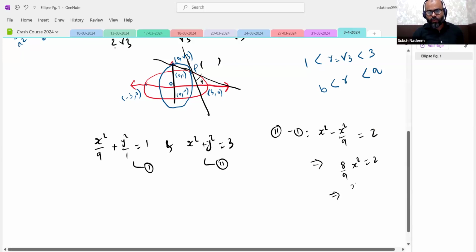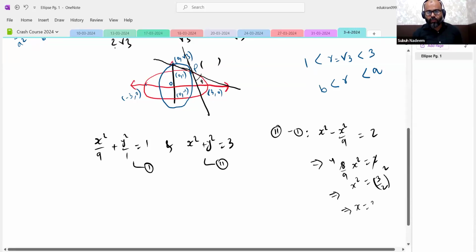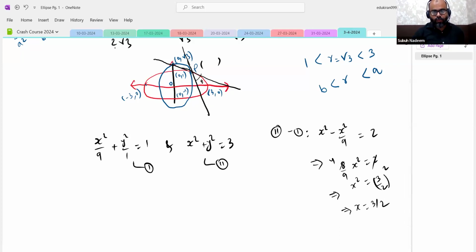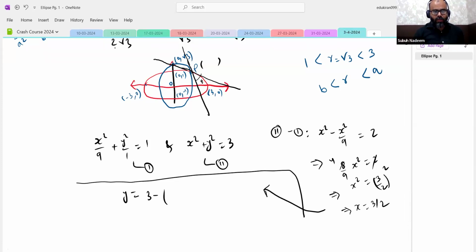So x square will be equal to 9 by 4, that is 3 by 2 whole square. So x is equal to 3 by 2. And having got x is equal to 3 by 2, we can find y. We can use any one of these two equations; I'm using the second one. So y square is equal to 3 minus 3 by 2 whole square.